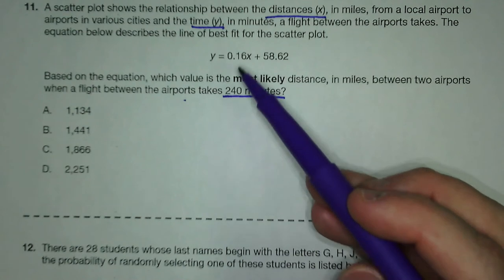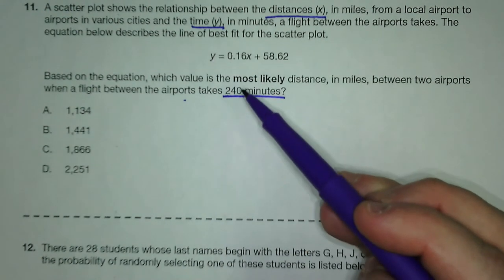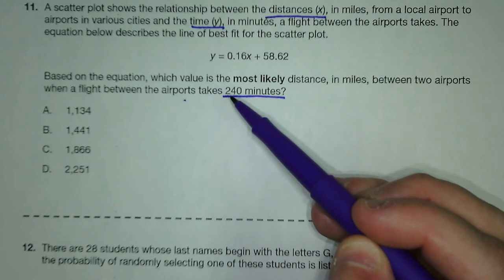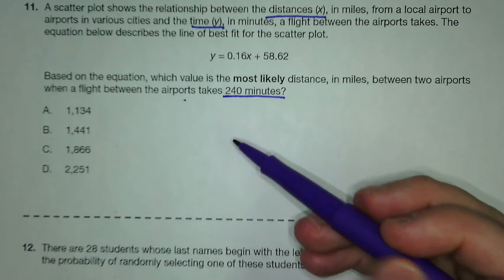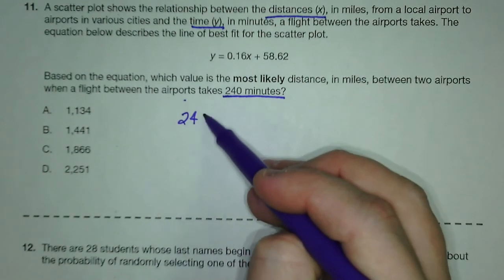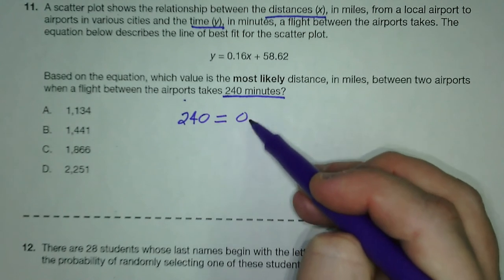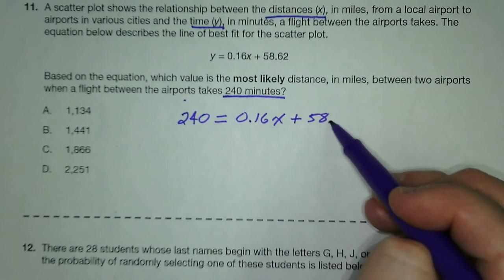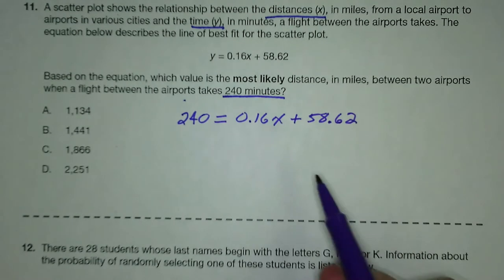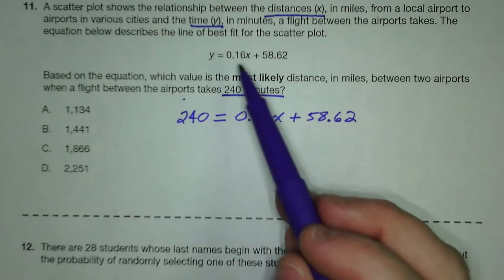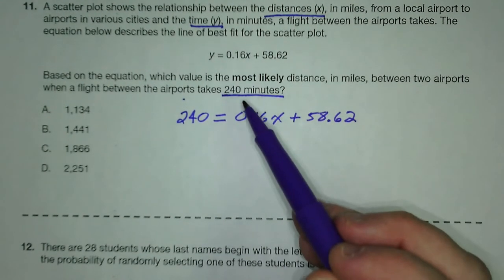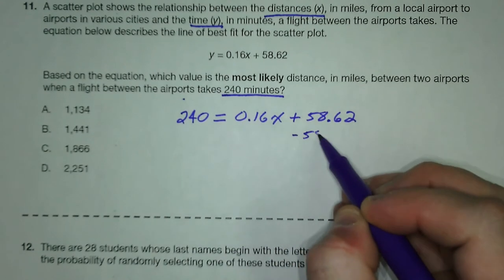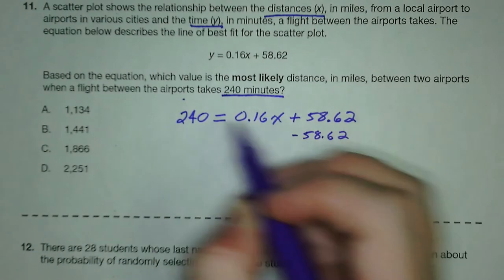Number of minutes was the y variable. I'm going to plug 240 in for y, because if I have the equation, I can easily figure out what the x value would be for that y value. So now I just have to solve for x.